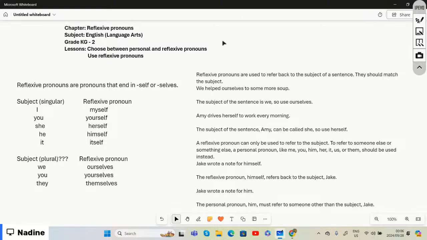So we have singular subjects and we have plural subjects. So keeping in mind that it needs to refer back to the subject.